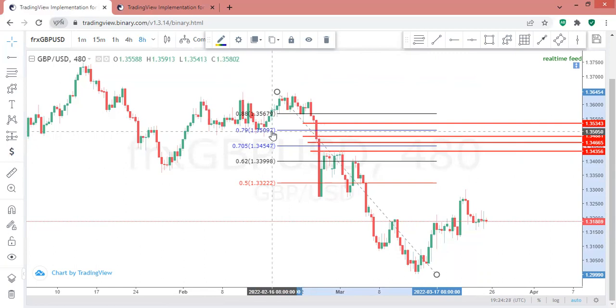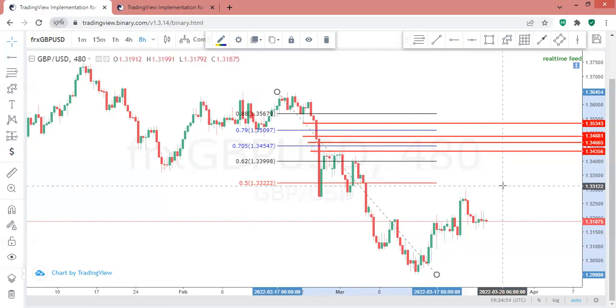That's my 79% and my 70.5%. According to research, there is a high probability of price coming into that area. Although at the same time, I'm a trader who is very open, and I won't be dogmatic about an idea.